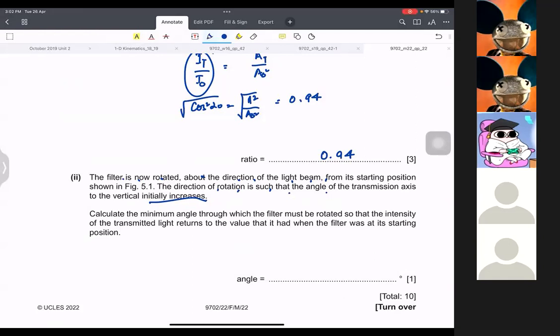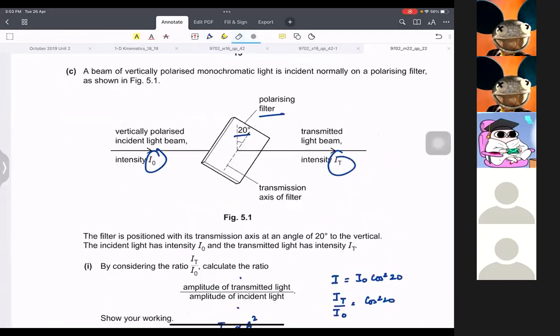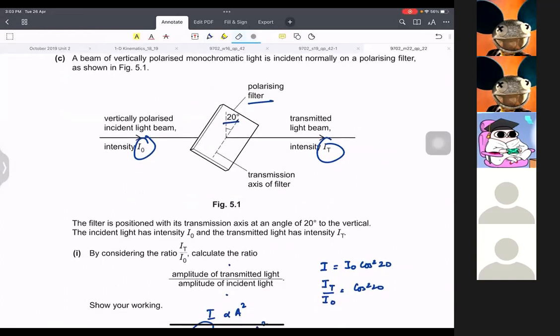Okay, I'll tell you how to do this. But why? Why minimum angle? 20 is already there. And if you go 70 more, that would be 0 because it will be like this.